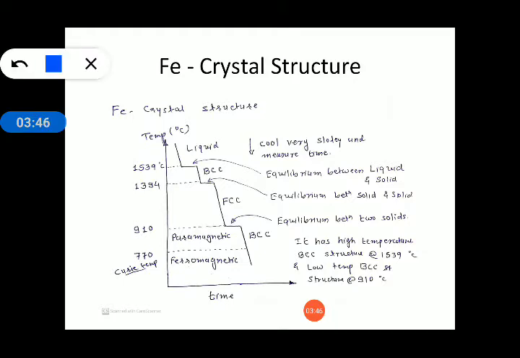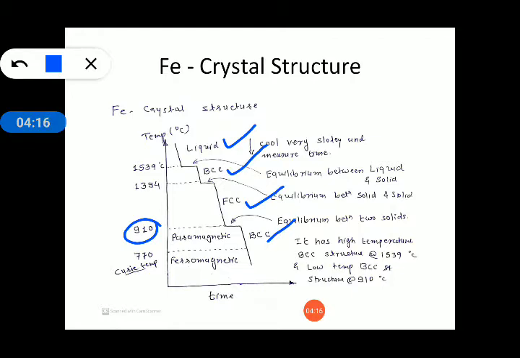So first liquid is there, then after cooling BCC structure, then again cooled, FCC structure is there, then at 910 degree centigrade it is converted into BCC structure.